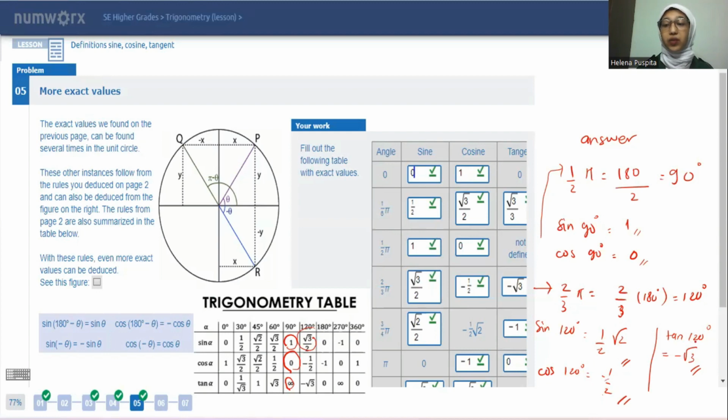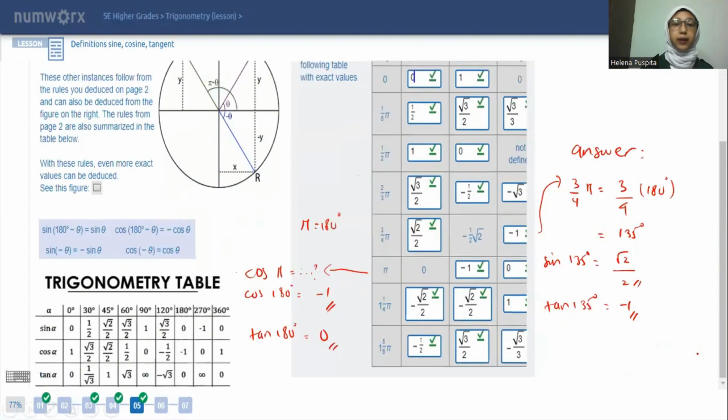Tan 120 degrees equals minus square root 3. Next, 3 over 4 π equals 3 times 180 degrees over 4 equals 135 degrees. So sine 135 degrees equals square root 2 over 2. Tan 135 degrees equals minus 1.